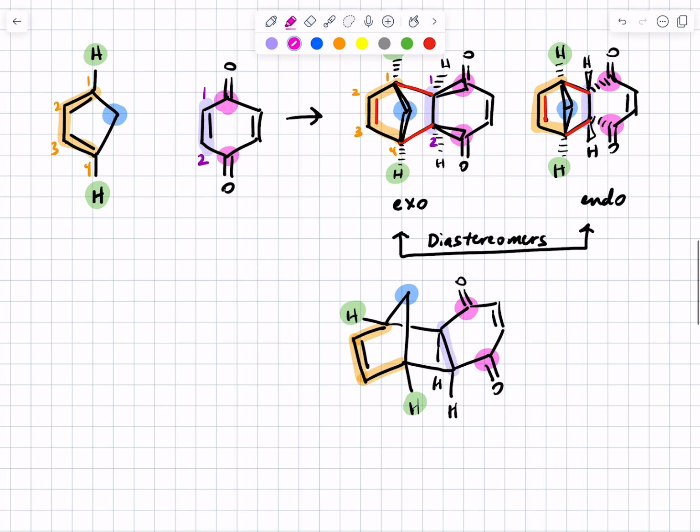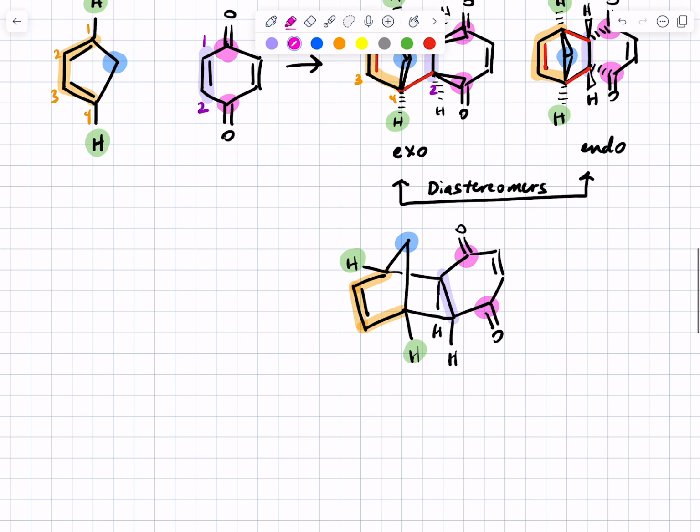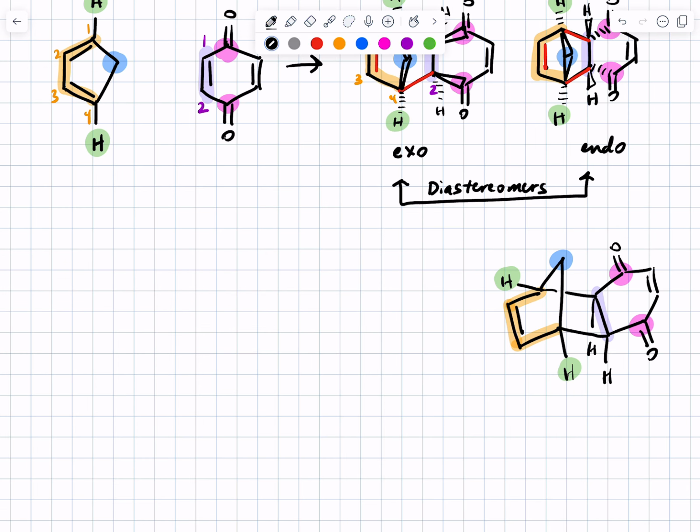Let me just illustrate briefly where we get the endo versus the exo products. I've illustrated it already above, but I think it's important to do it again for this example. If it's okay, just to save a little bit of time, I'm going to try to avoid labeling everything in color and just label the pink and the blue groups.